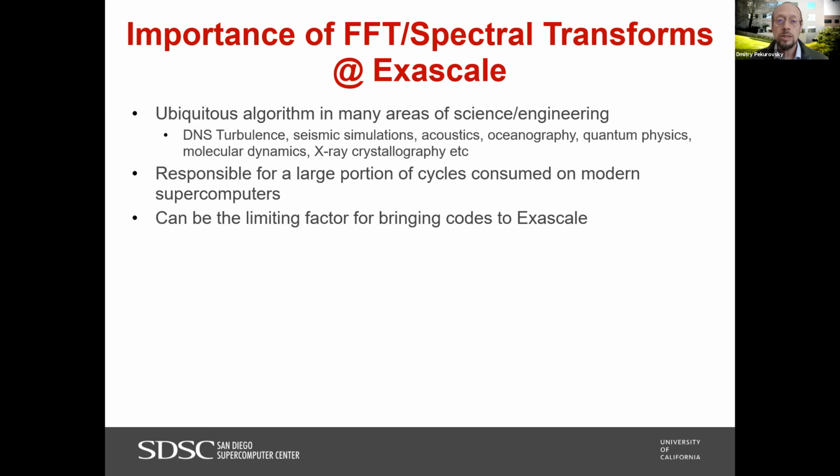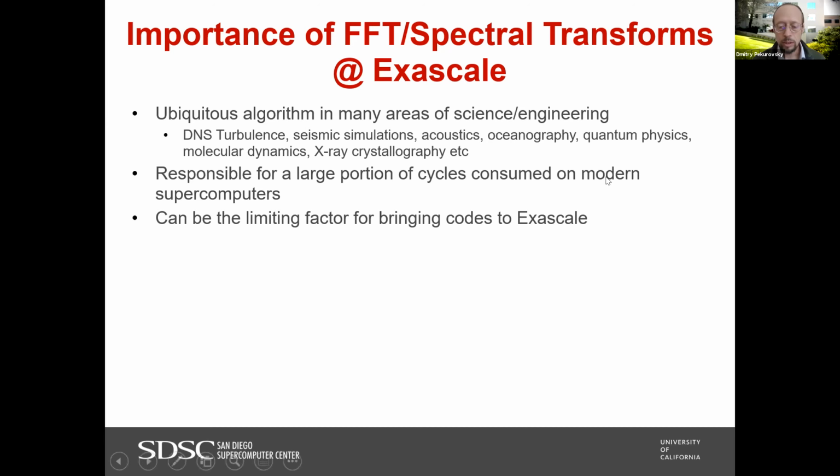And as such, this algorithm is responsible for a large portion of cycles consumed on modern supercomputers. It has some challenges in terms of bringing it to exascale. So it can be a limiting factor for quite a number of codes to bring them to exascale.